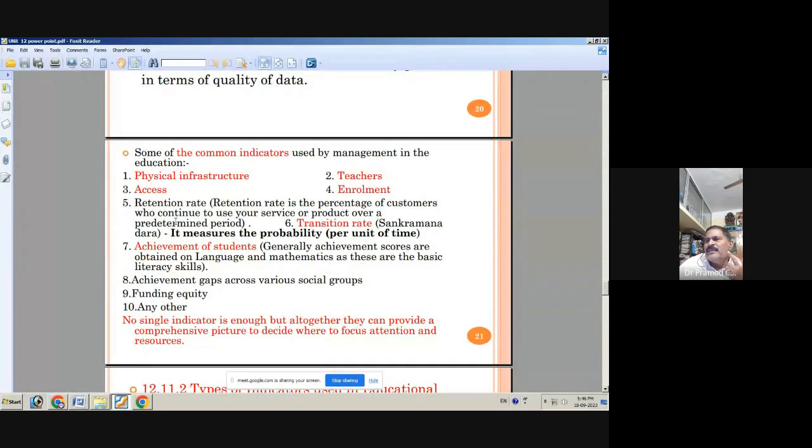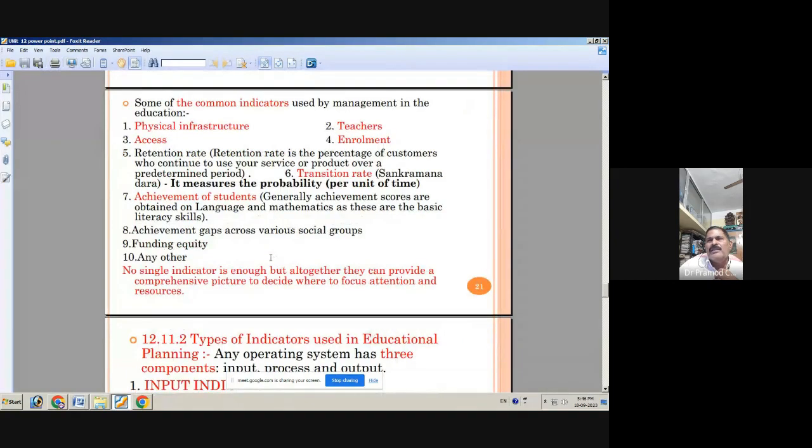Then transition rates we must have to get, the measure of the probability per unit of time. Achievement of the students is another condition, means indicator.